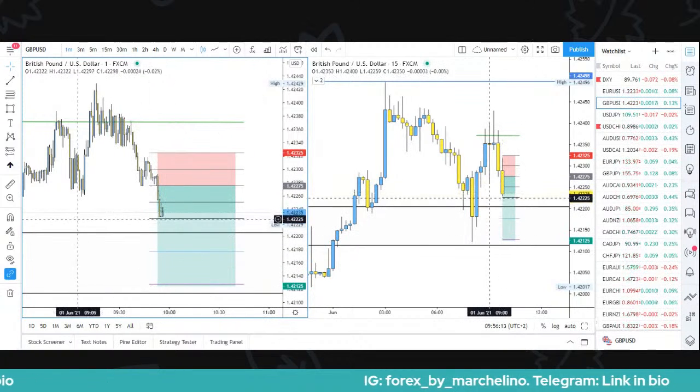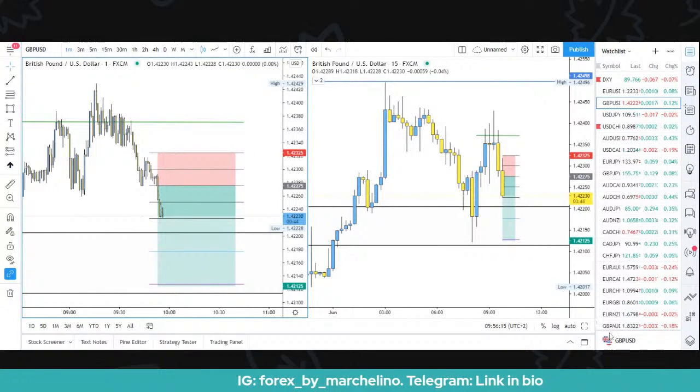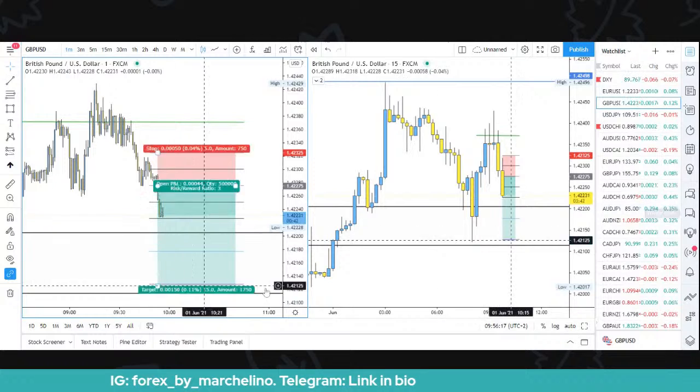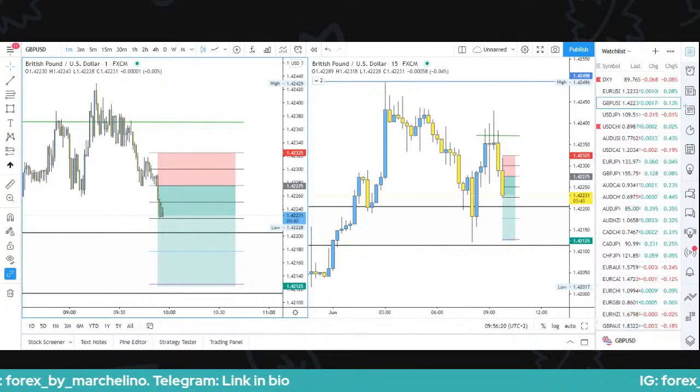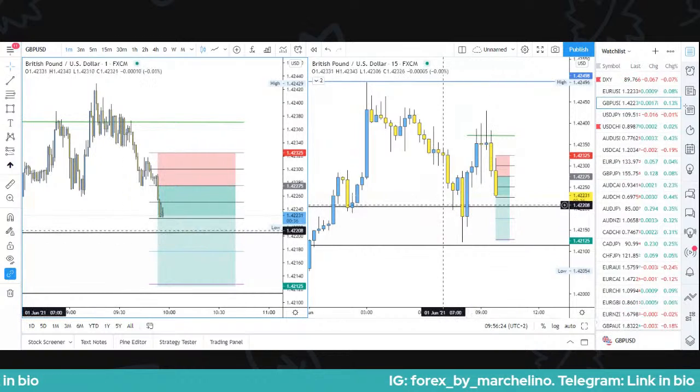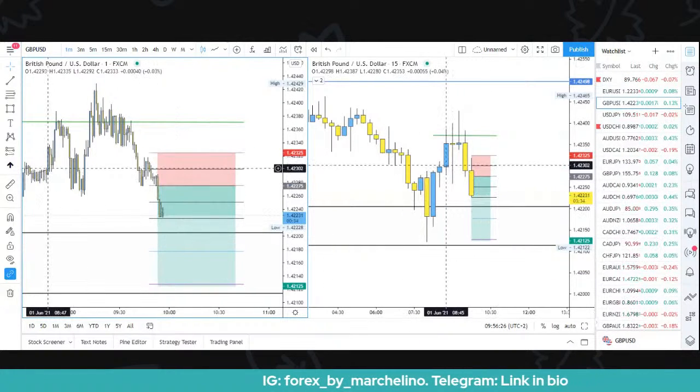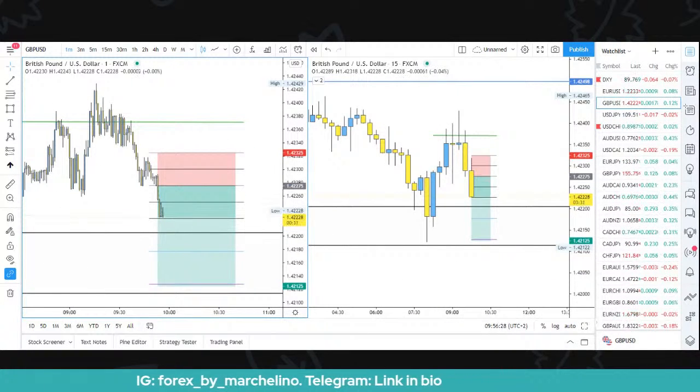I think at this point you can probably move your stop loss to break even. Yeah, at this point you can definitely move your stop loss to break even, guys.